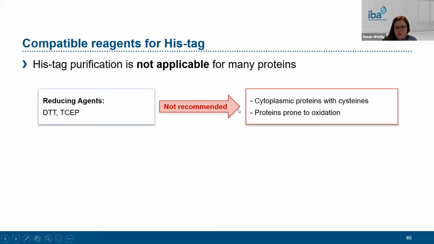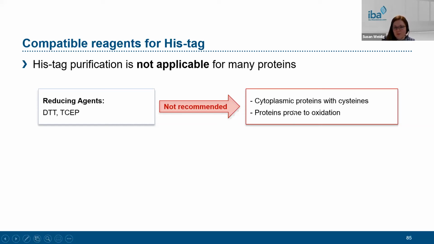So if your protein is a cytoplasmic protein with cysteines, you should not use the his tag, because then you cannot add protective agents like DTT, and without DTT or a similar reagent, your protein with cysteines will form disulfide bonds, which are unnatural.